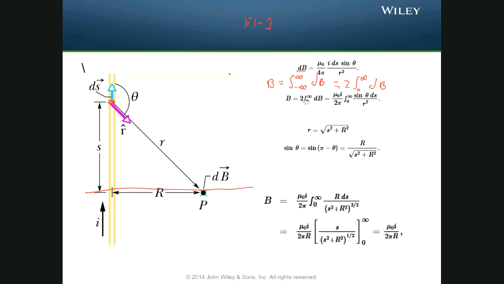Okay. So when we're doing this, what we integrate on one side, we must integrate on the other side. So you'll notice now that mu naught times I over 2 pi comes out very nicely, and we're integrating sine theta over r squared. Now, these are a little frustrating because these things are always going to change.